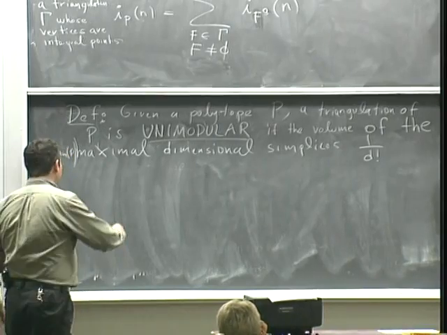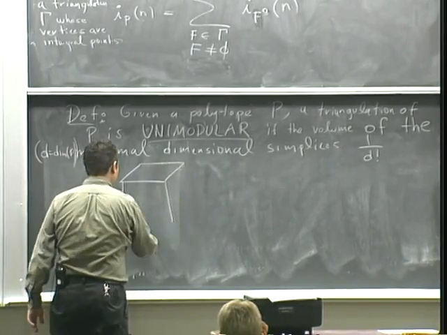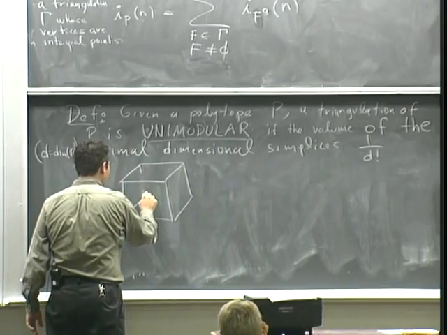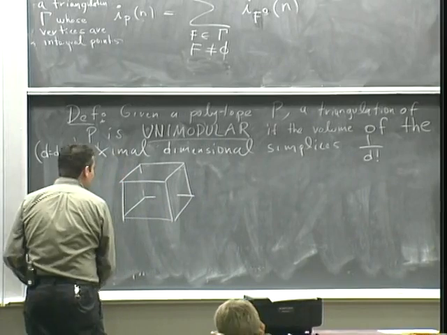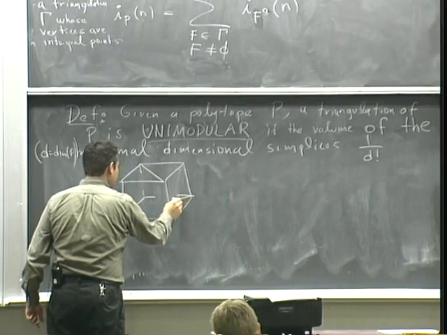Maybe I should give you yet again the same example that Francis gave yesterday of a non-unimodular triangulation of the cube. So you take the cube, of course, the regular cube, and again you do the same business here.